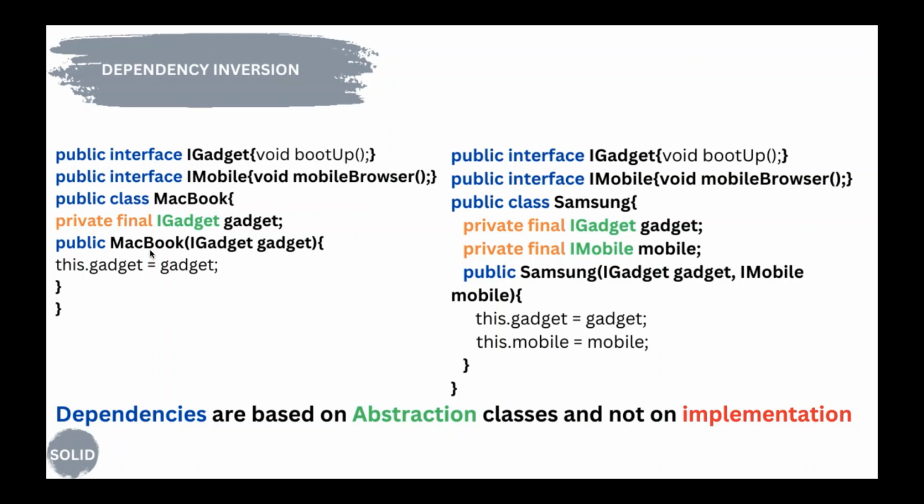That's the dependency that we have here, and because we are depending on the interface, we can pass in any type of computer here. I should actually call this computer and not just MacBook, because a gadget can be a MacBook, can be HP, can be Dell, it can be all those other computer gadgets that we have.